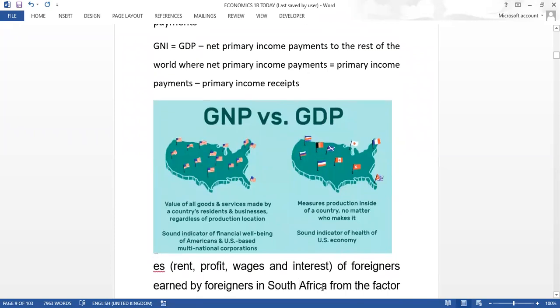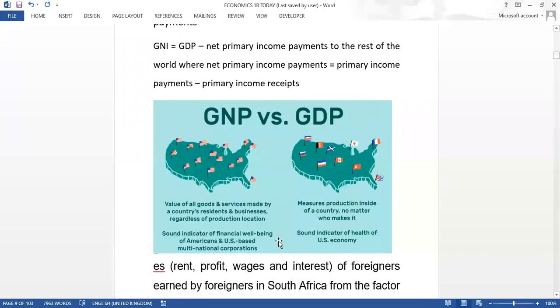So just to highlight the differences between the gross national product and gross domestic product. Gross national product aggregates the value of all the goods and services made by a country's residents and businesses, regardless of their location or production.